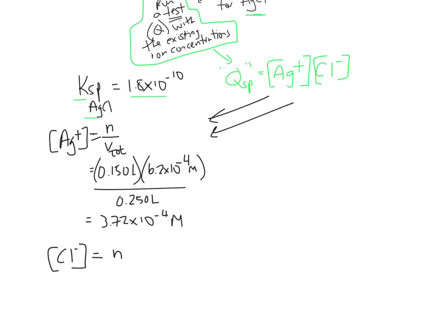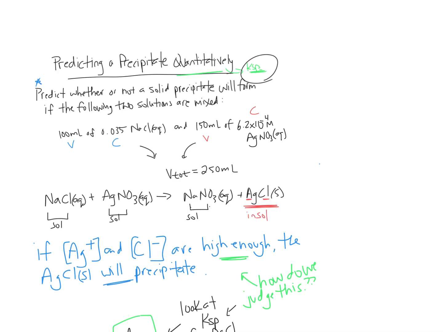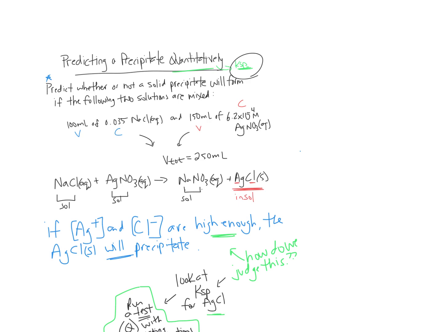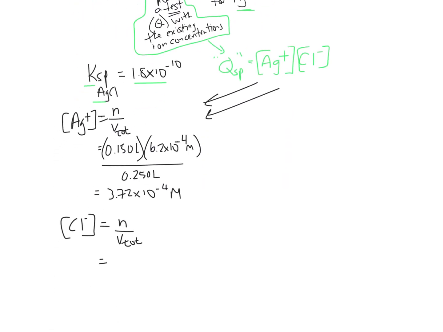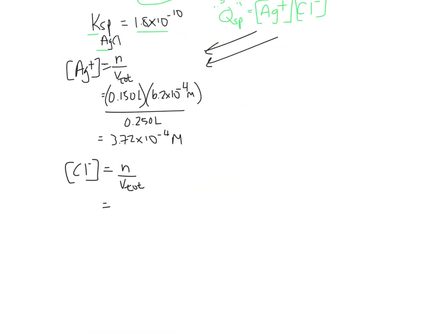Same thing, it's gonna be the moles of chloride ion over the V total. All the chloride ion comes from the original solution that had chlorine in it, which is 100 milliliters of 0.35 NaCl. So I forgot it already. 100 milliliters, 0.35. Concentration times volume.